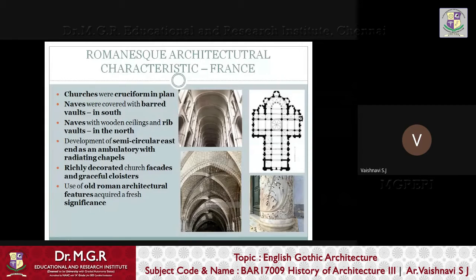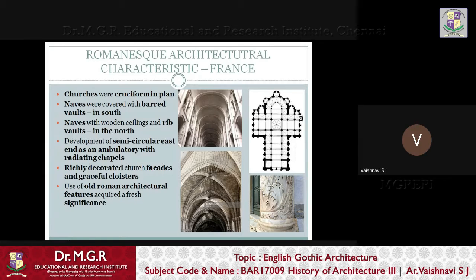it was richly decorated facades where you can see these art columns being decorated with motifs, and they used Roman architectural features. Initially, in the last class, I told you that they adapted the features of Roman architecture.